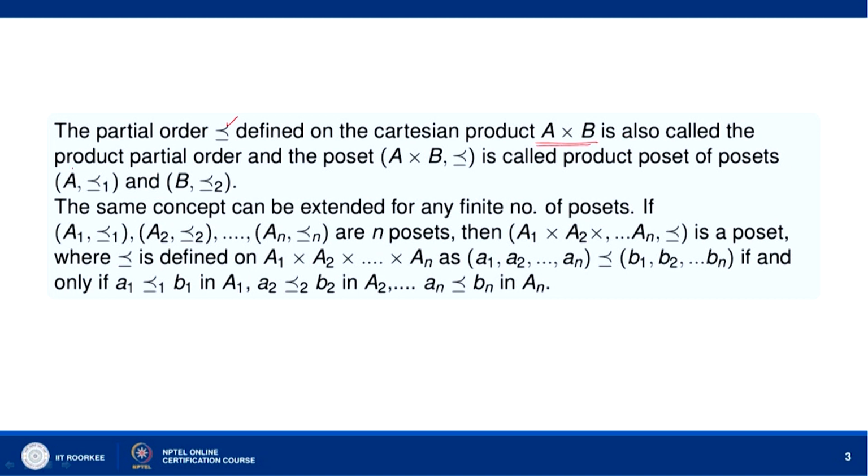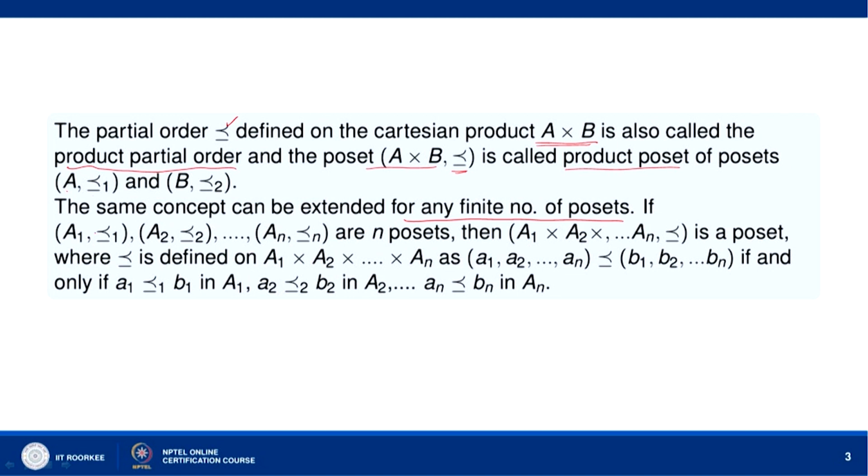Now, the partial order relation precedes defined on the Cartesian product A cross B is also called the product partial order, and the poset A cross B with this partial order is called the product poset of posets, with A preceding 1 and B preceding 2. The same concept can be extended for any finite number of posets.